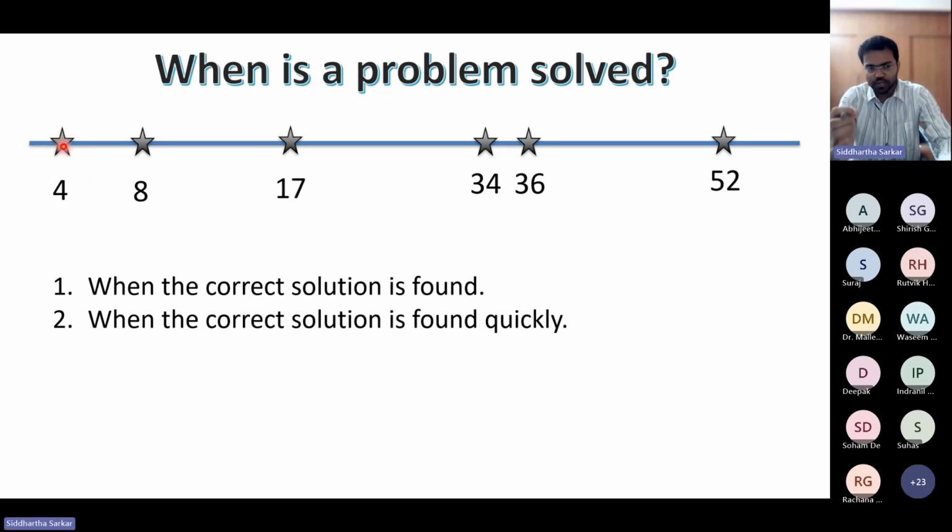So you know for a fact that if at all 4 has to appear in the closest pair, then 4 has to appear with 8 because 8 is the closest to 4. Now let's look at 17. If 17 has to be reported as one of the points in the closest pair, then 17 would be reported along with 34 or with 18, the neighbors only, the neighbor to the left or the neighbor to the right, nothing beyond.